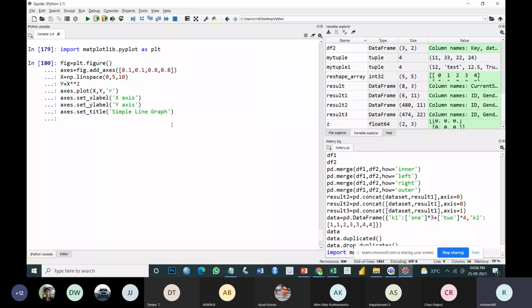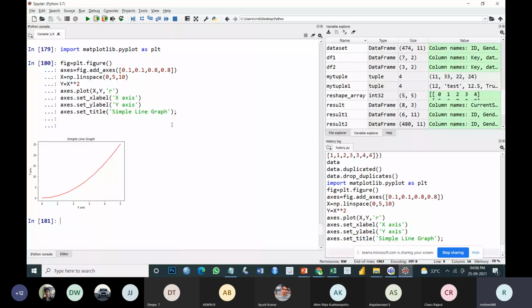We get the simple line graph. So here plot is the function name for the line graph. We can use plot to draw the line graph.